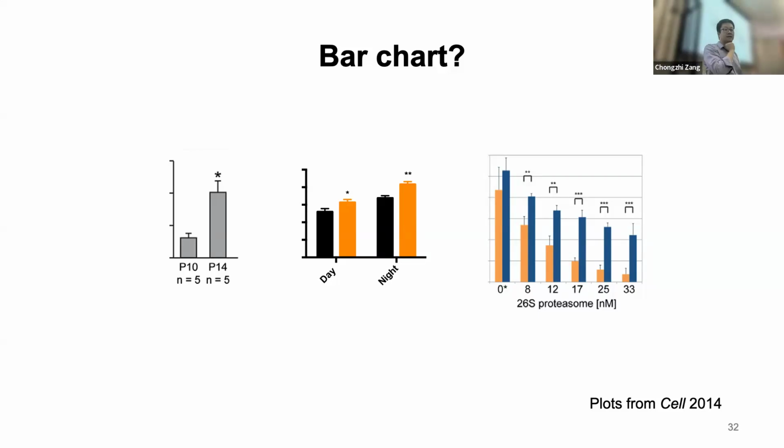Nowadays, if the data points are very few, we are usually expected to just plot the original data points. But if there are a lot of data points, it may not always be easy to plot all of them, and a bar chart is fine.